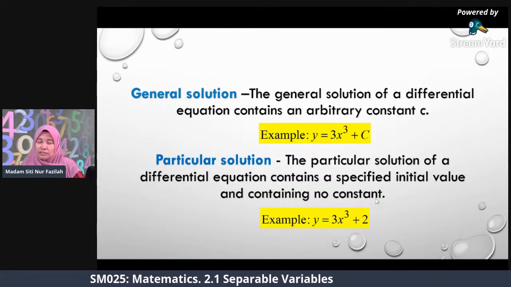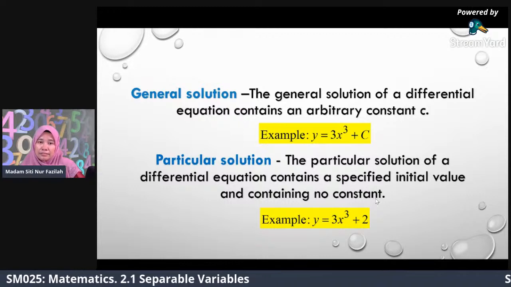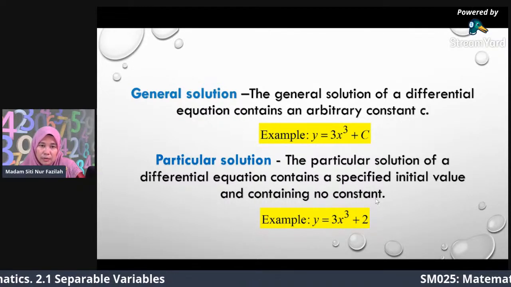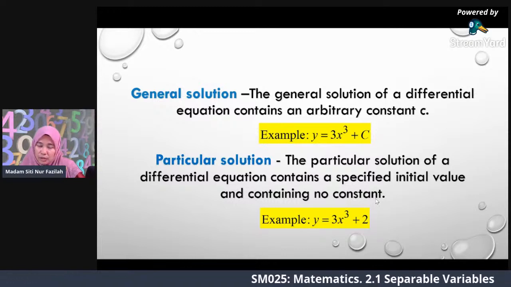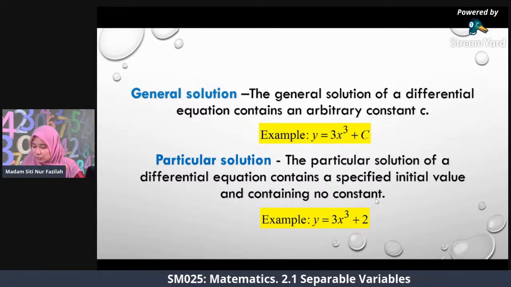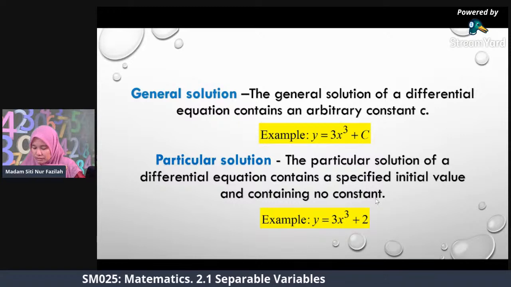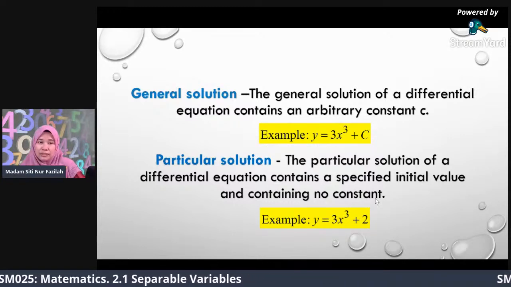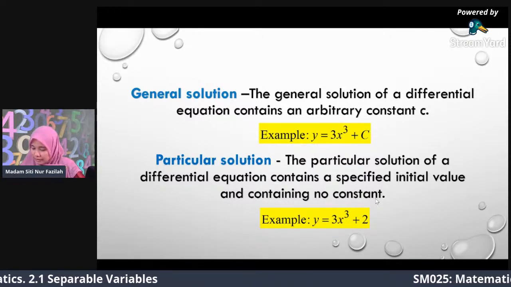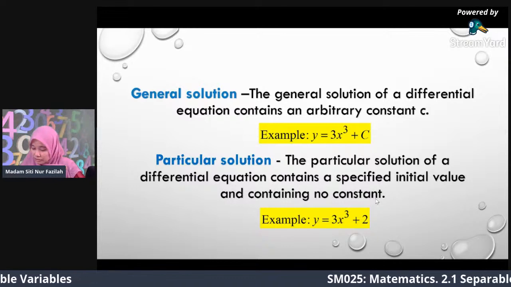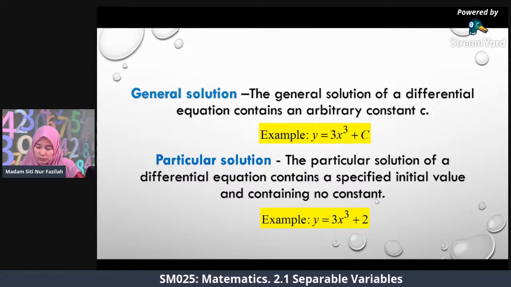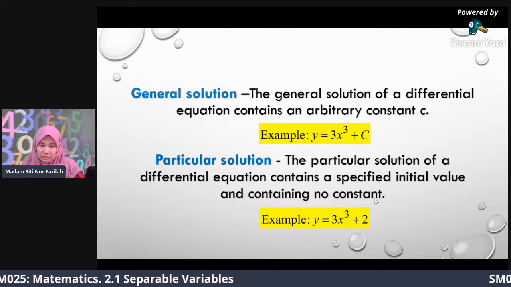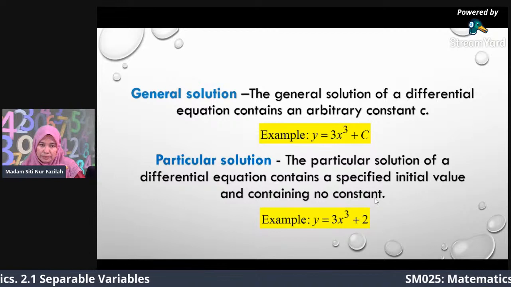The condition is the value for x and the value for y. When we get them, we substitute into the general solution, get the value for c, and then substitute c back into the general solution to get the particular solution. That's general solution and particular solution.